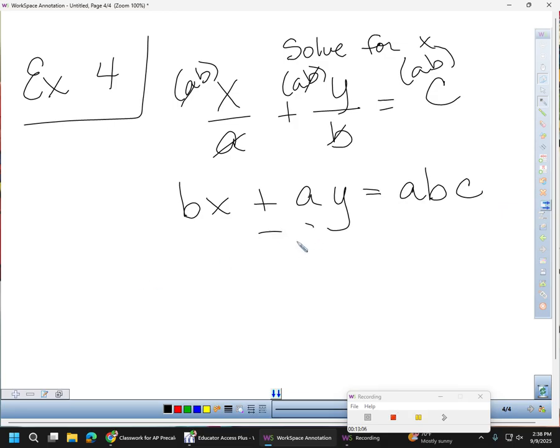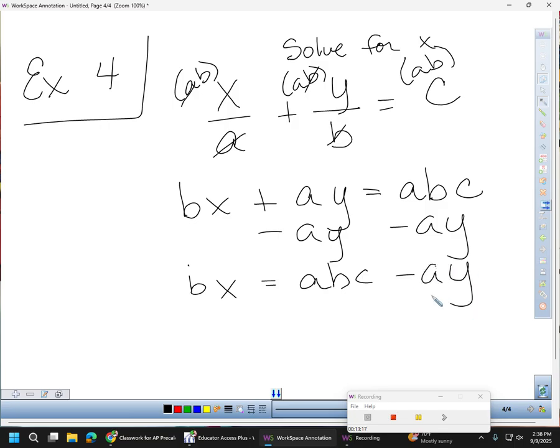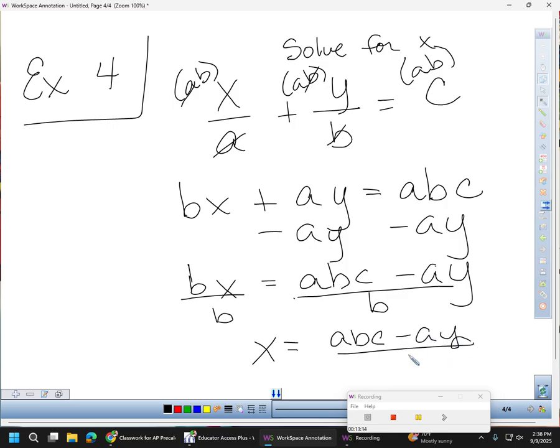We're going to subtract AY. So I have BX equals ABC minus AY. Well, I only have one term now. Yes, we just got to divide by B. And that's it. X equals ABC minus AY all over B.